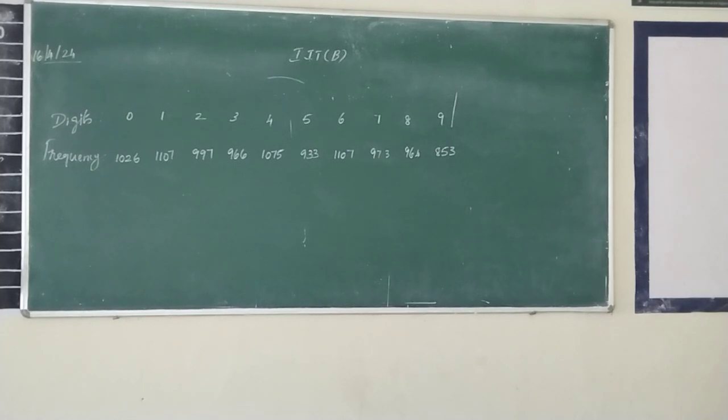Okay, stop it. Start from the first one. Everyone take a calculator. 1026 plus 1107 plus 997 plus 966 plus 1075 plus 933 plus 1107 plus 973 plus 964 plus 853.